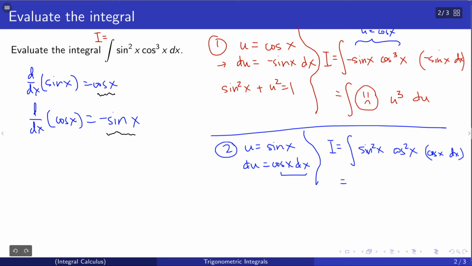And now I want to rewrite everything inside here, aside from the du term, simply in terms of sine x. And that's easier to do in this case, because using the same identity here, sine squared plus cosine squared equals 1, well, cosine squared can now be written as 1 minus sine squared x.